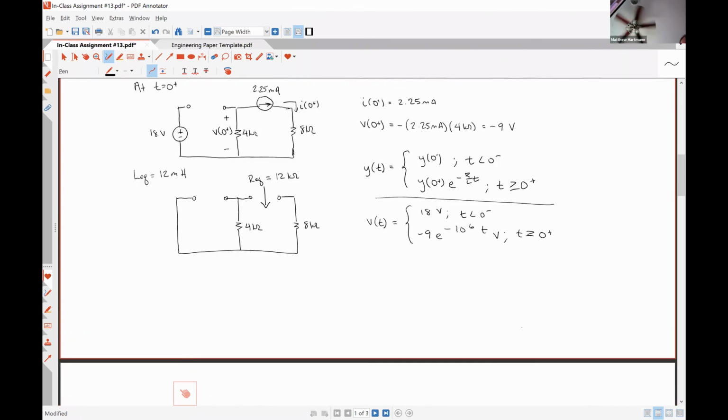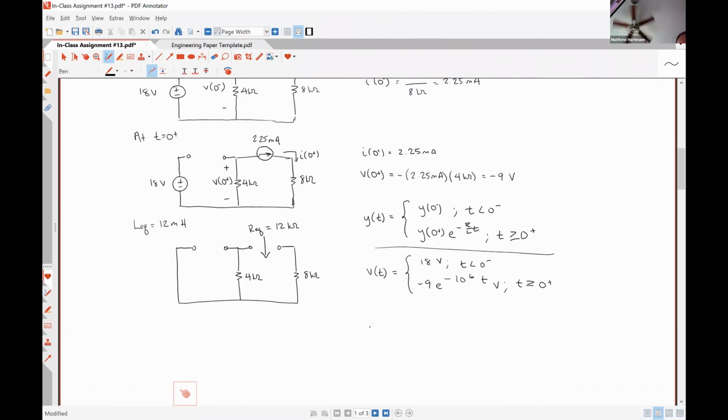I can do a similar thing for my current. So what was my current at 0 minus? 2.25 milliamps. All right, so I put that guy in here. What was my current at t is equal to 0 plus? The same thing, 2.25 milliamps.